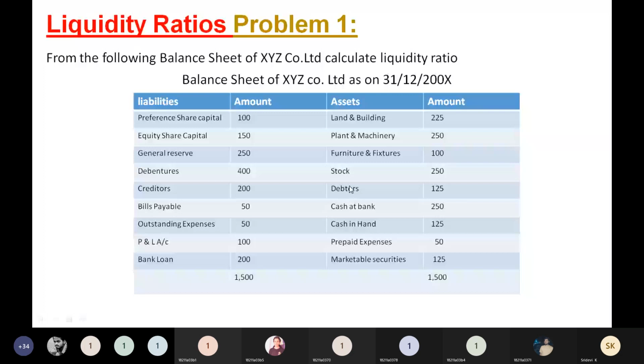You add the amounts shown beside stock, debtors, etc. That will give you current assets. And on the liabilities side, you can see creditors, bills payable, and like that you pick out. Bank loan is also given here.